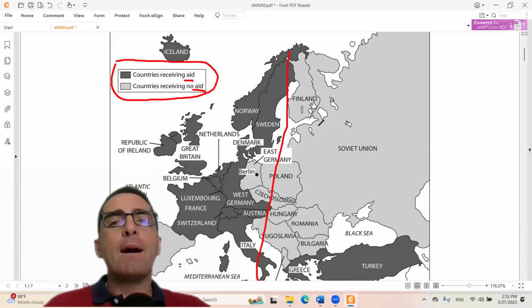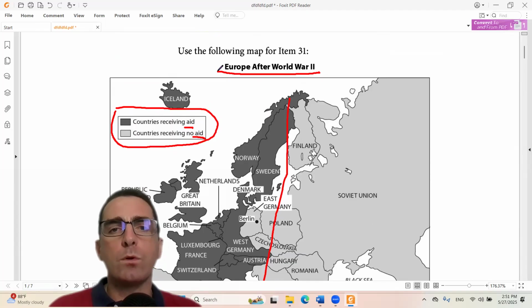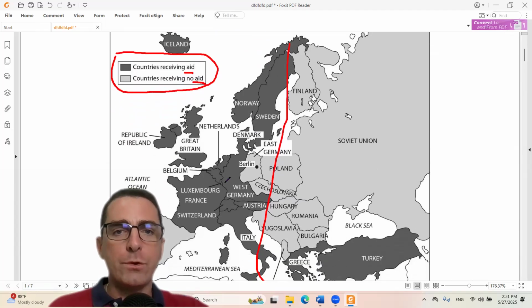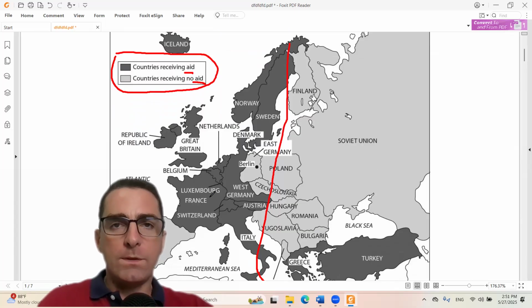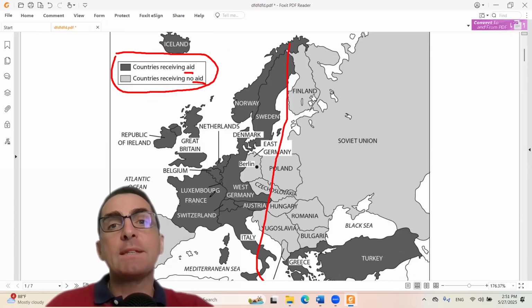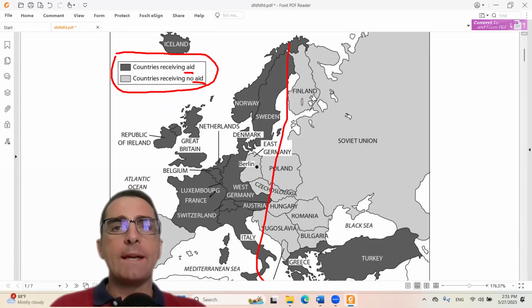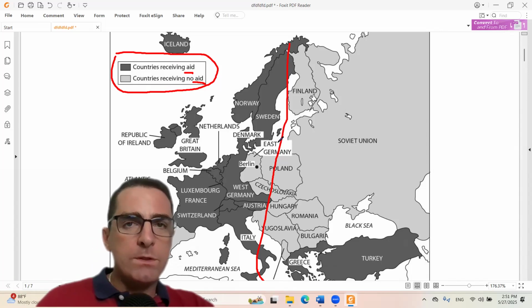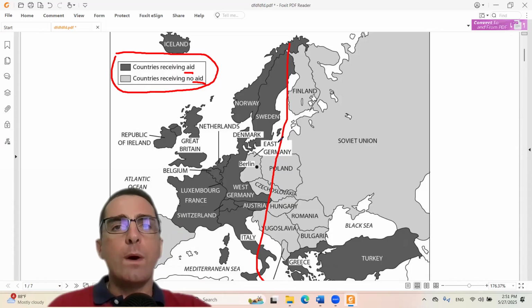So immediately my mind thinks, why would that be the case post-World War II? Well, it's pretty simple. Western Europe, on the whole, was on the same side, was an ally, a friend, let's say, of the USA in World War II. And Eastern Europe and the former Soviet Union was not. It was not on the side of the US.